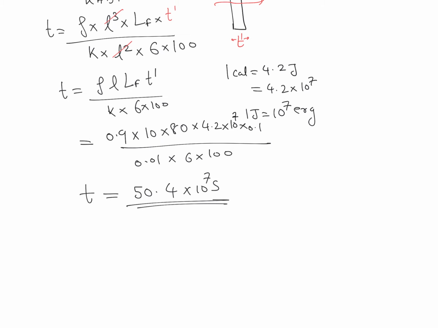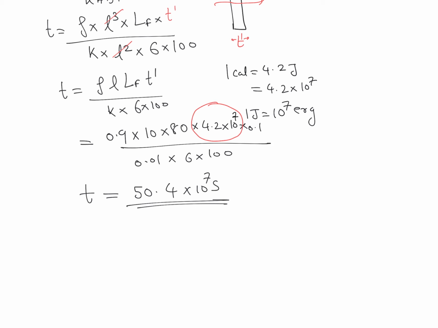But in the options they have given something like 12 seconds because they made a mistake while developing this question, or they made a mistake in calculation. They just took the unit of heat energy as calorie in CGS system. So if you are not writing this part, then you will get the answer as something like 12 seconds, which is not correct. We need to convert it as it is given in CGS system.